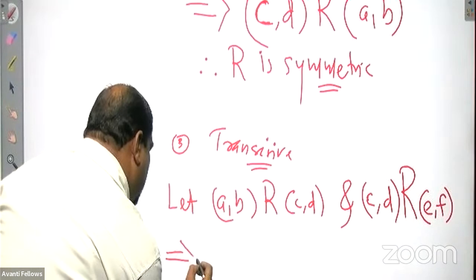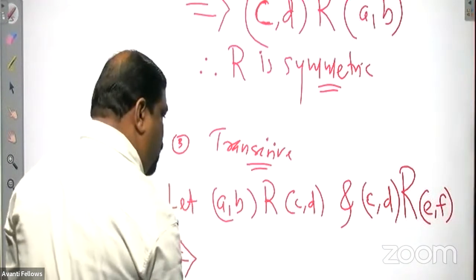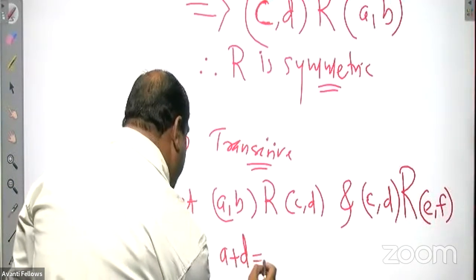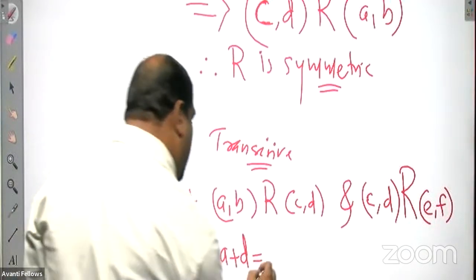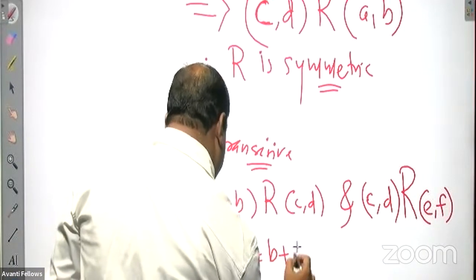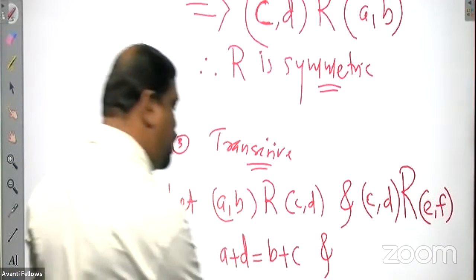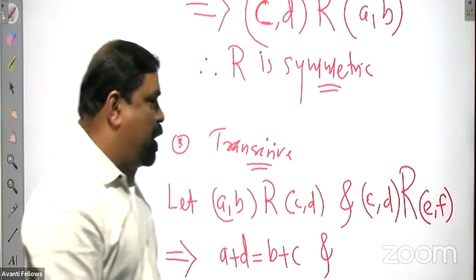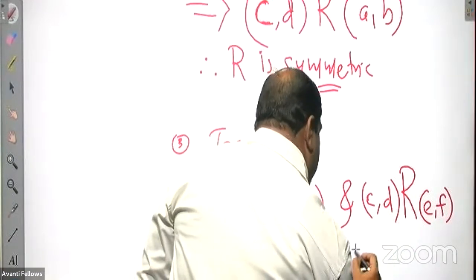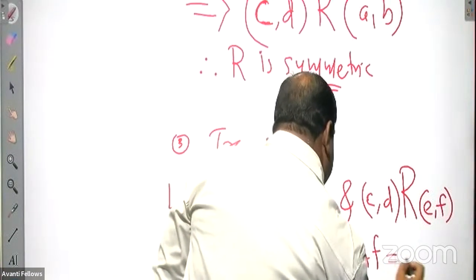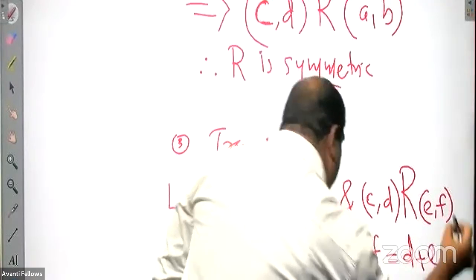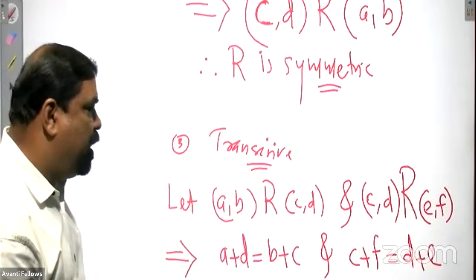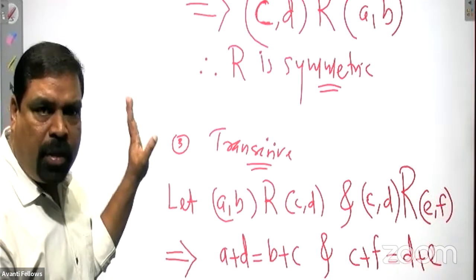So AB related to CD, by definition, says that A plus D must be equal to B plus C. And the second statement says that C plus F is equal to D plus E, by definition of the given relation, isn't it?